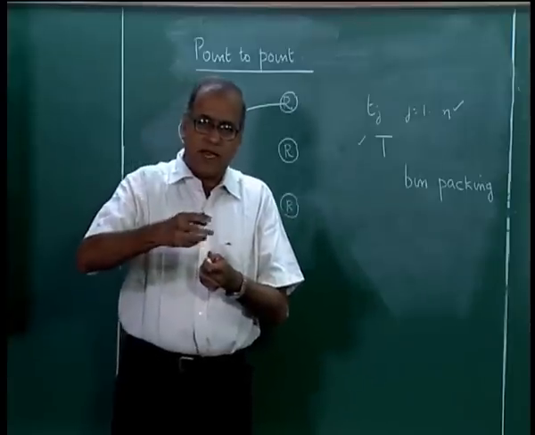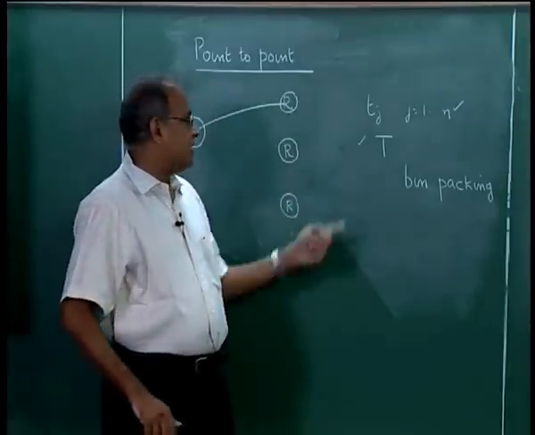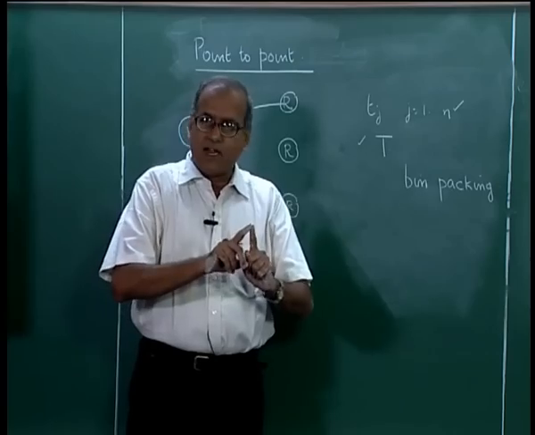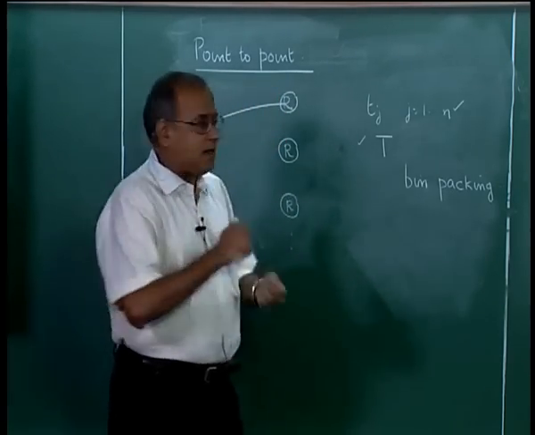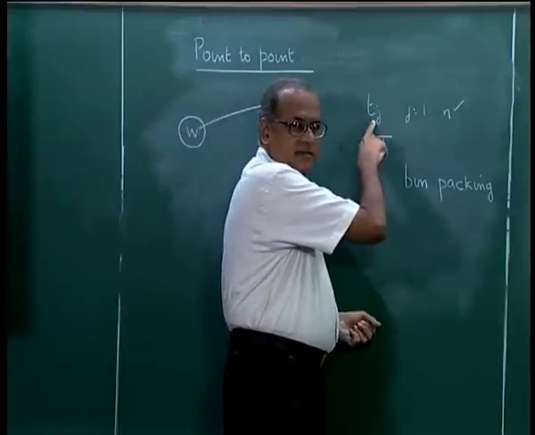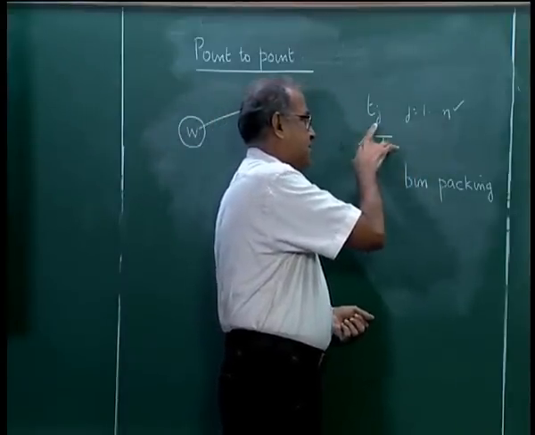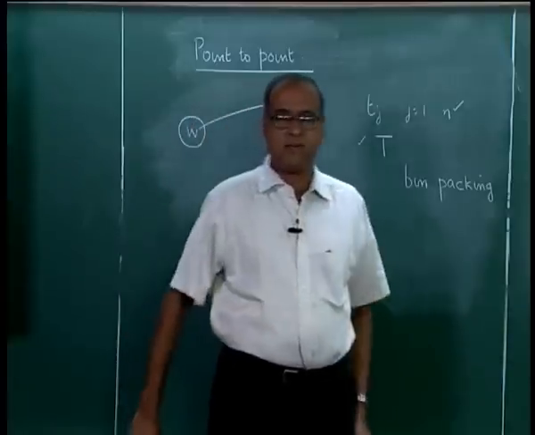The problem can also be explained in different ways. I have several sticks of length capital T. Now, I need to make n smaller sticks, with each length equal to tj.